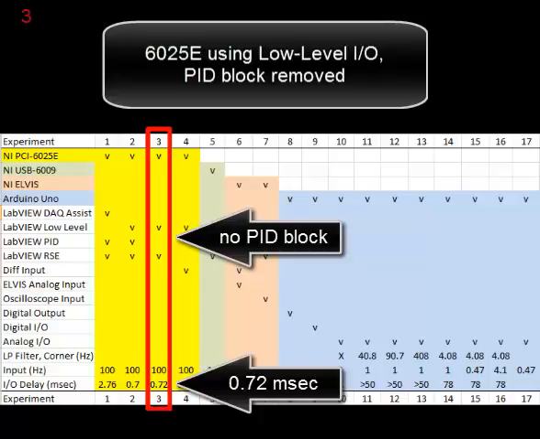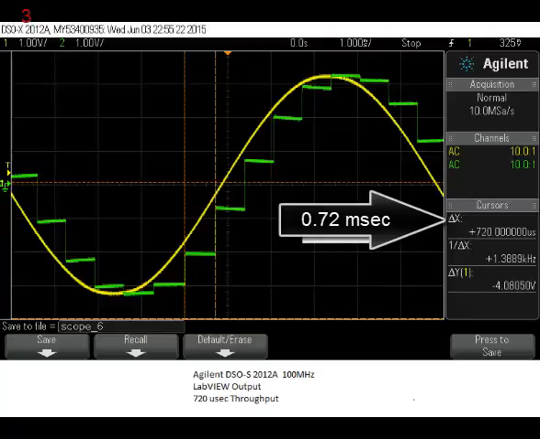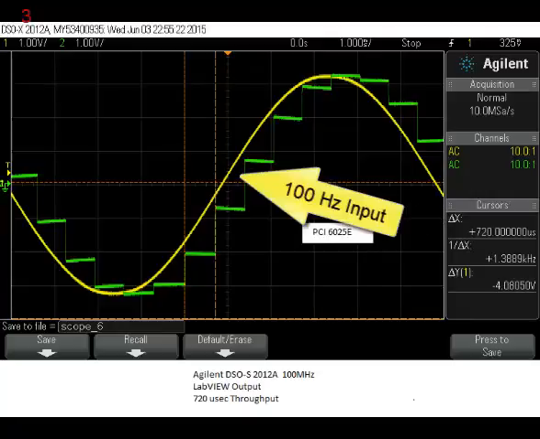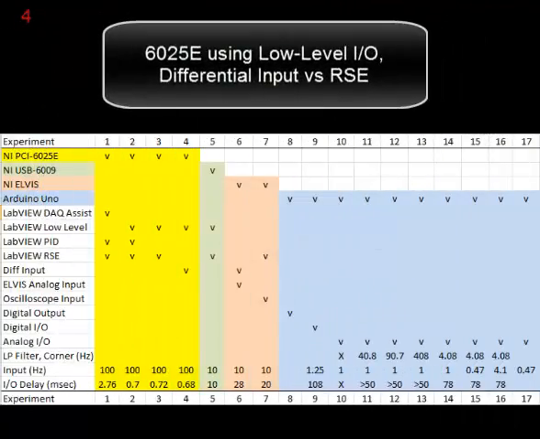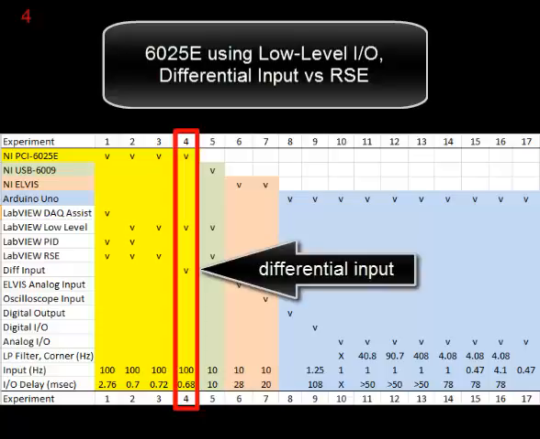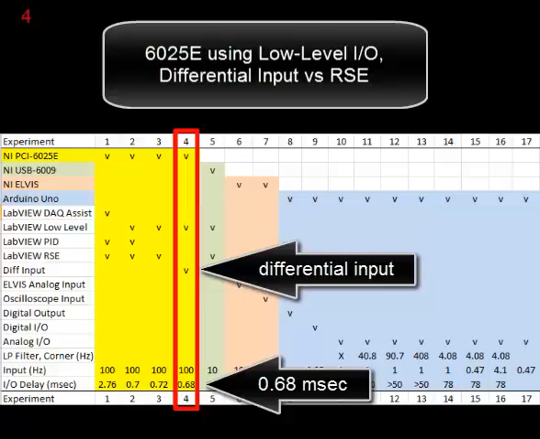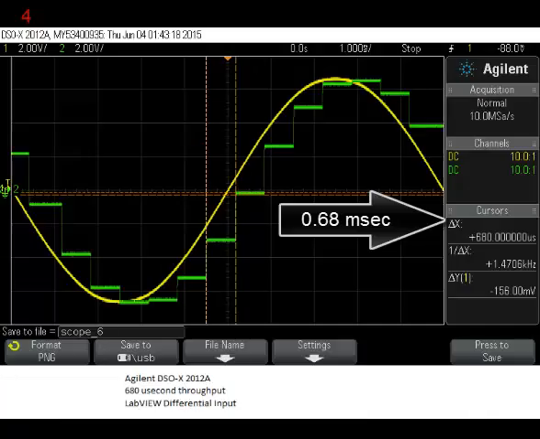About the same delay time. Now the 6025E using low-level I/O and differential input versus reference single-ended. About the same delay time.